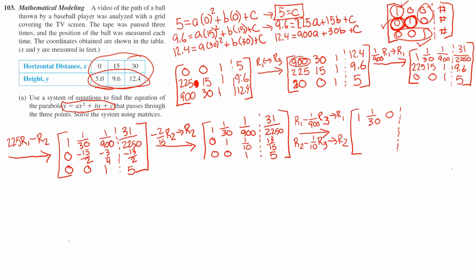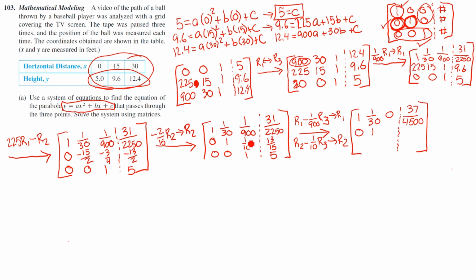Then we do 31 over 2250 minus 1 over 900 times 5, and we get 37 over 4500. Row 2, we do the same thing, so we have 0, 1.